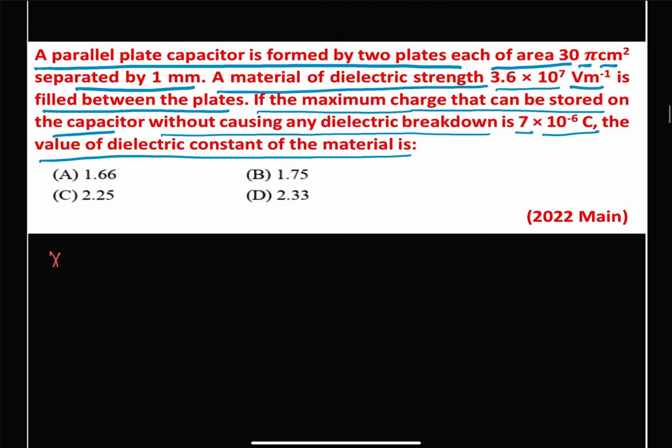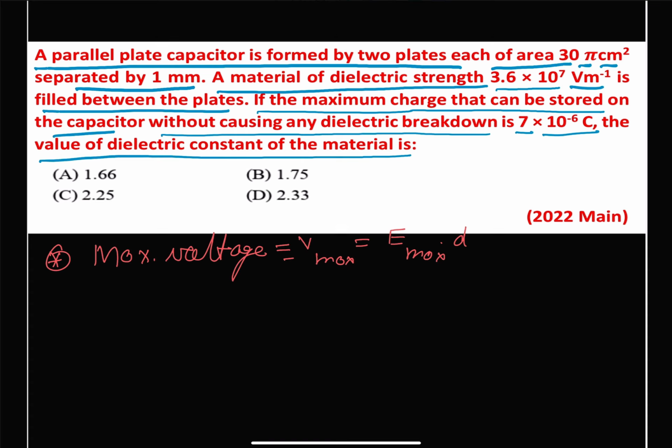So we can say the maximum voltage, V max, will be equal to our E max multiplied by d, the distance between the plates, a separation between the plates.